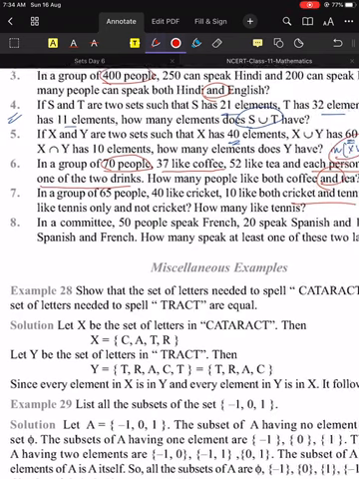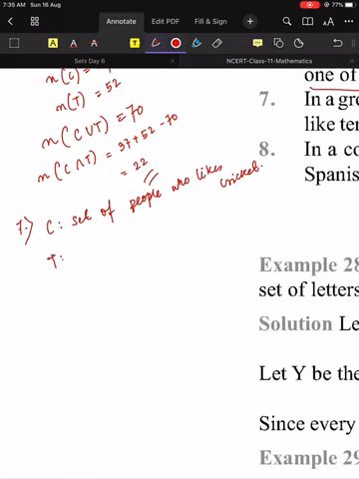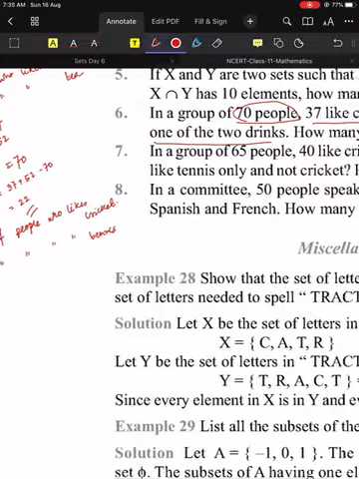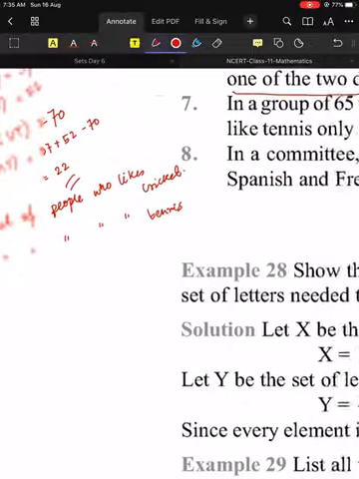So first thing again, let us write C and T. C is the set of people who like cricket, and T is the set of people who like tennis. Then NC is given, that is 40.